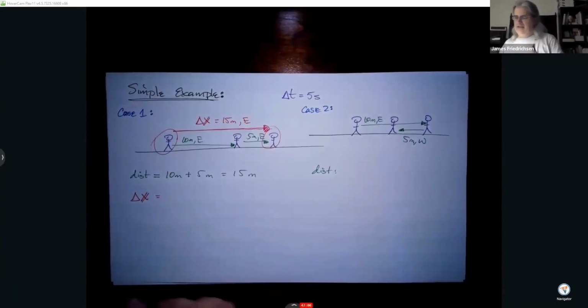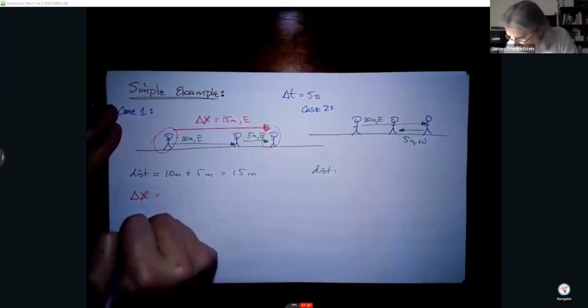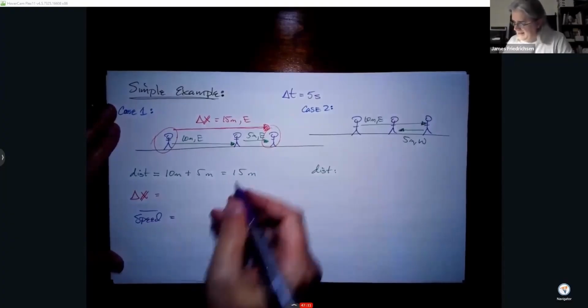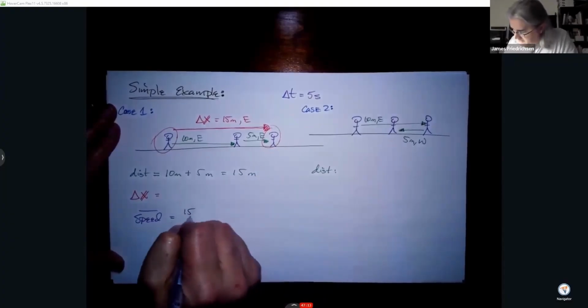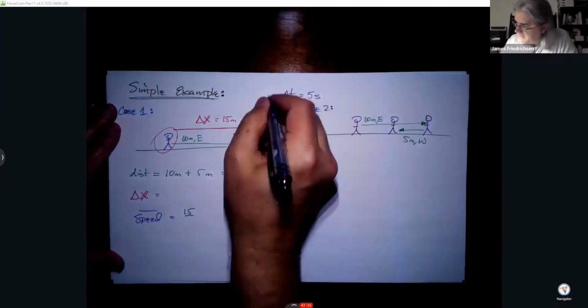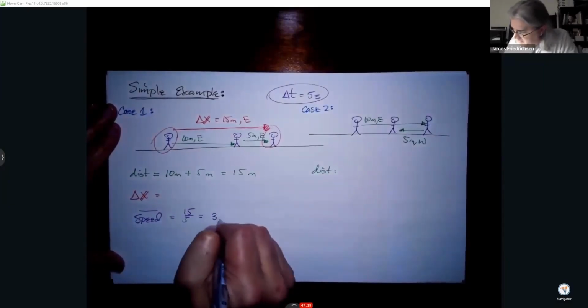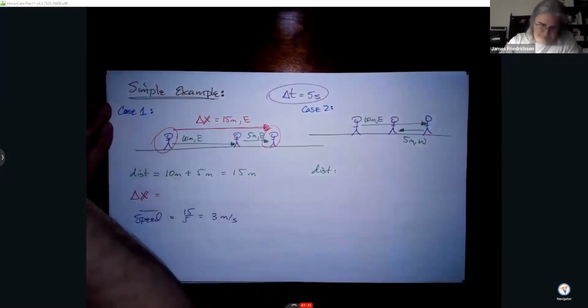And then once we have that, I'll come back to this in a minute. We can go and get our average speed and our average velocity. Okay. And so if we want to calculate our average speed, then it's our distance traveled, 15 meters, over the time, which was just the 5 seconds. And so we get 3 meters per second.